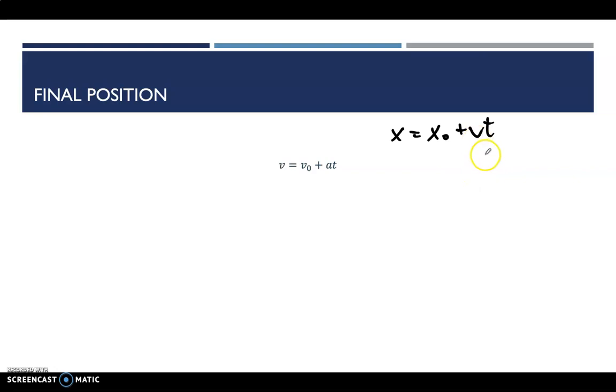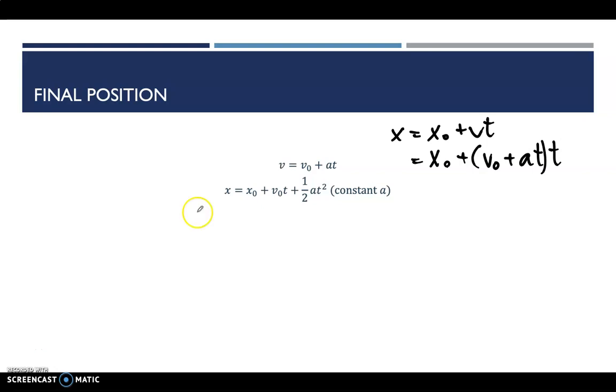Plug this in for v, and you get x naught plus v naught plus at, and that's times t. And then you get this equation here. So this describes our final position.